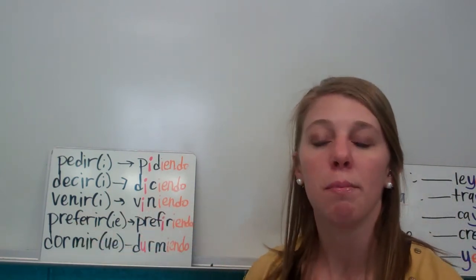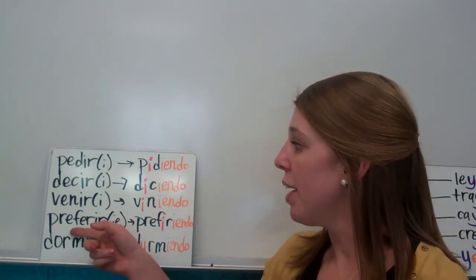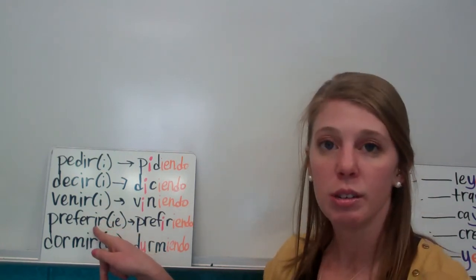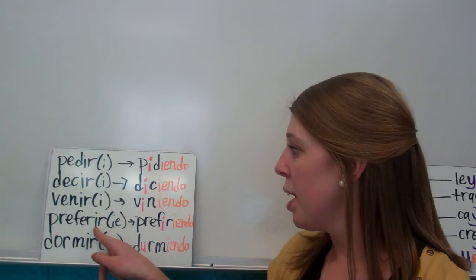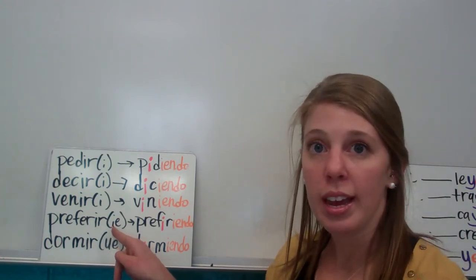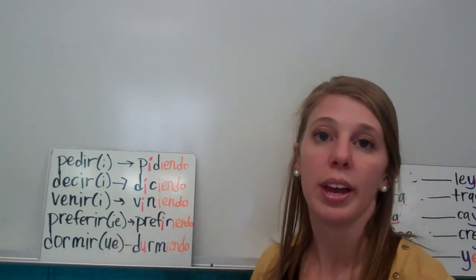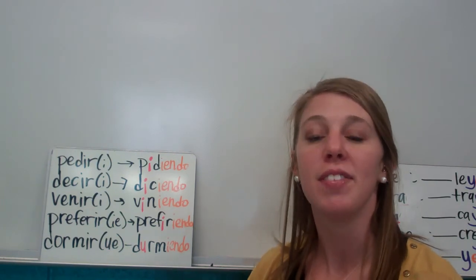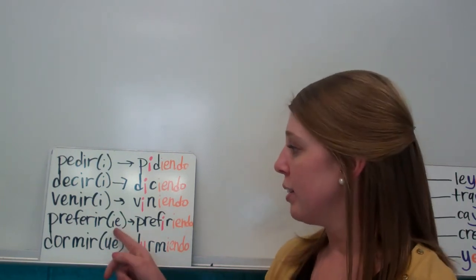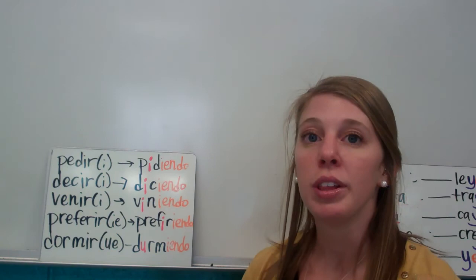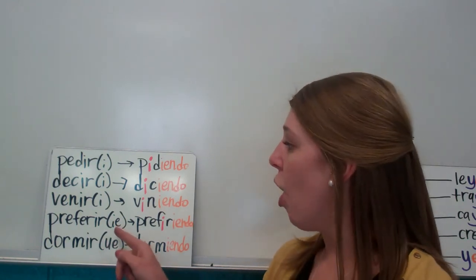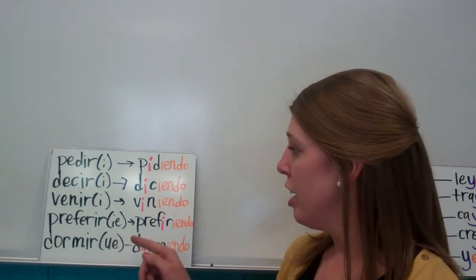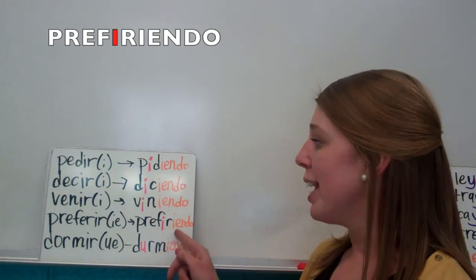Let's look right here. This is where the big difference comes in. So preferir. It's an IR stem changing verb because it ends with IR. And normally it goes to an IE, like in the present tense, yo prefiero, because it gets an IE. Well, whenever we're doing the present participle, it only goes to an I. So we have prefiriendo.